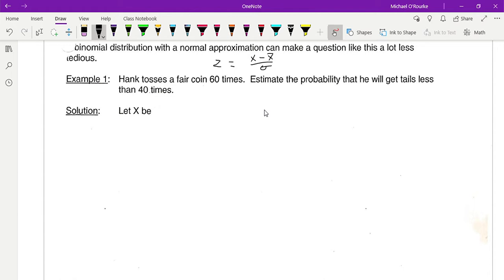Here's the question. There's 2 parts here, and we're going to get to that. So we could use the Z-score because if I flipped a coin 60 times, there's going to be some times where I get a low number of heads, sometimes where I get a high number of heads, but it's going to be one of those normal distributions. Does that make sense, everyone?